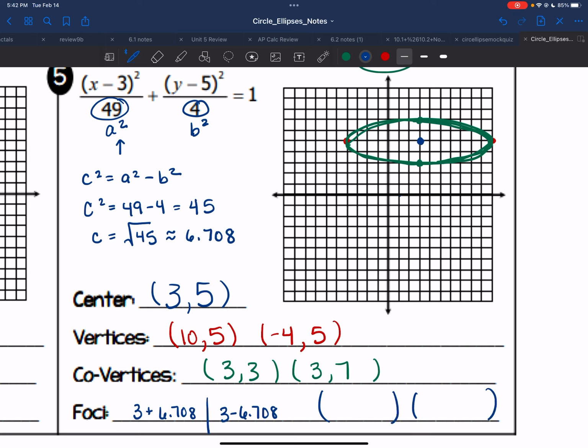And so 3 plus 6.708 is going to give me an x value of 9.708, and that's going to be at a height of 5.